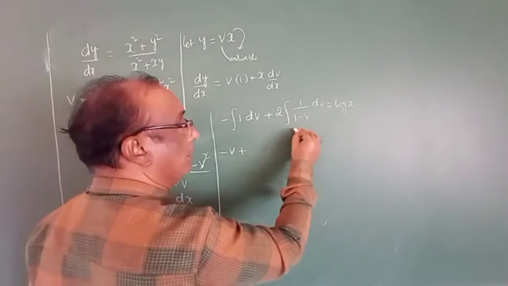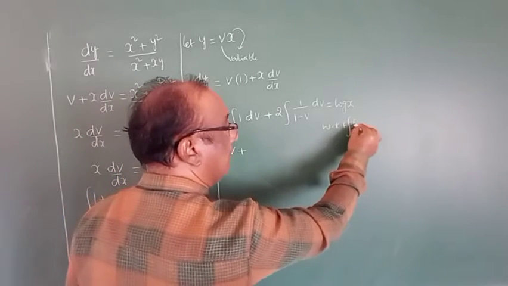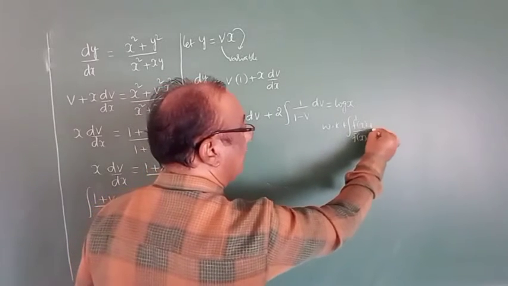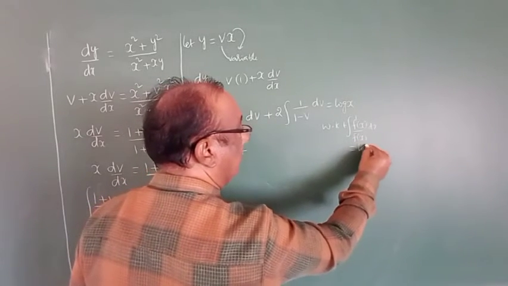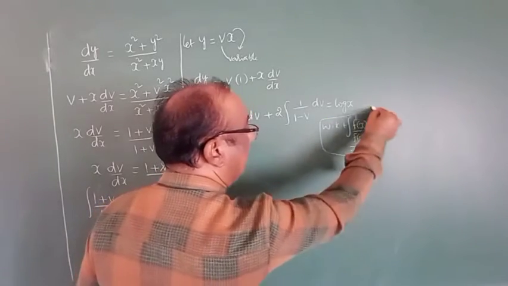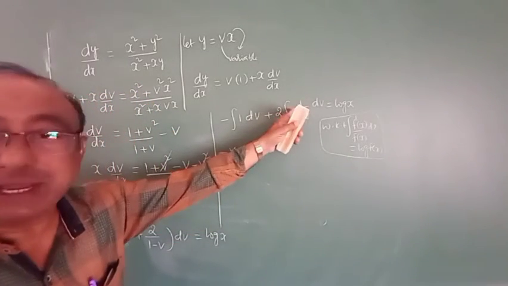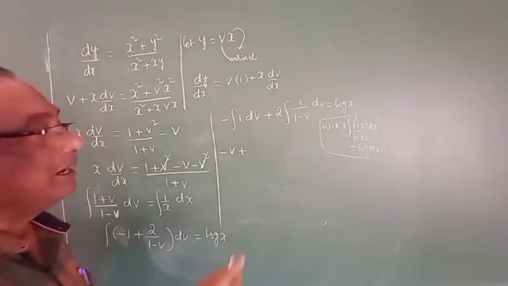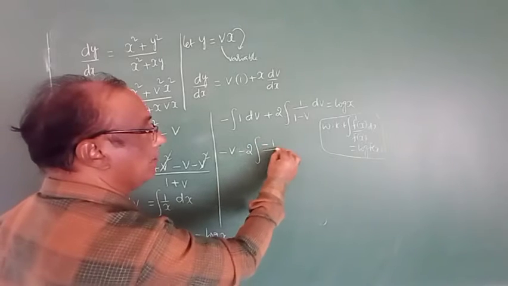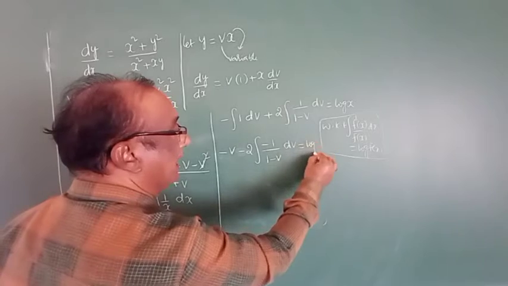We know that the integral of f dash x by f of x is equal to log of f of x. The denominator 1 minus v has derivative minus 1, so multiply by minus: minus 2 times integral of minus 1 by 1 minus v into dv is equal to log x.